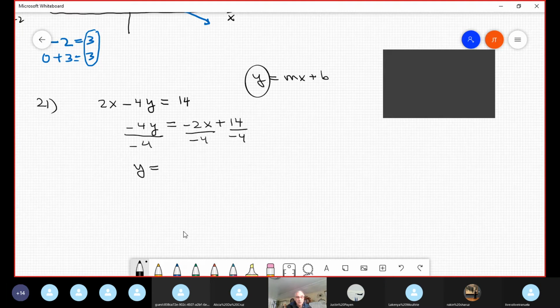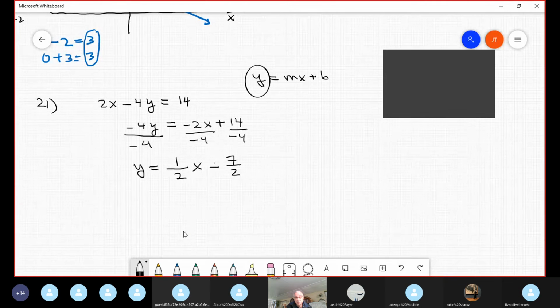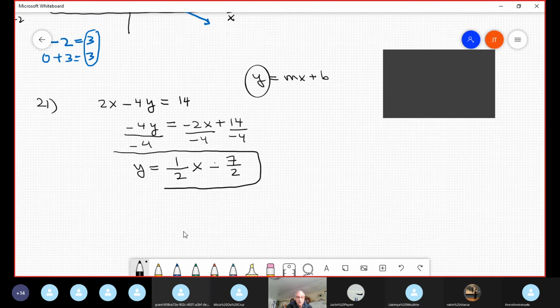Negative divided by negative is positive. 2/4 is 1/2 in lowest terms. Always reduce to lowest terms. And 14 divided by 4 is 7/2, but minus 7/2. Because 14 and 4 are even numbers, divided by 2 is 7, and 4 divided by 2 is 2. So y equals 1/2 x minus 7/2. This is my equation expressed in slope-intercept form.